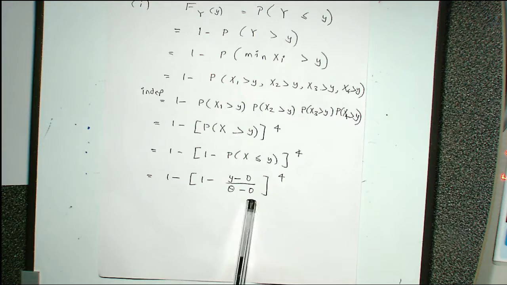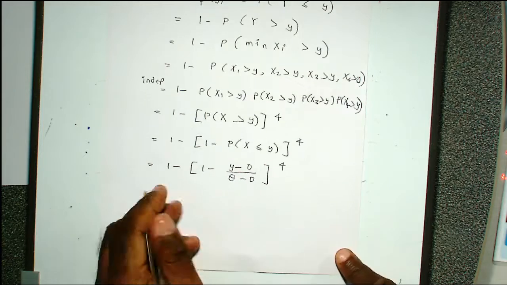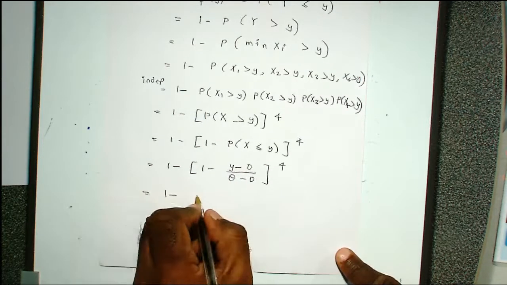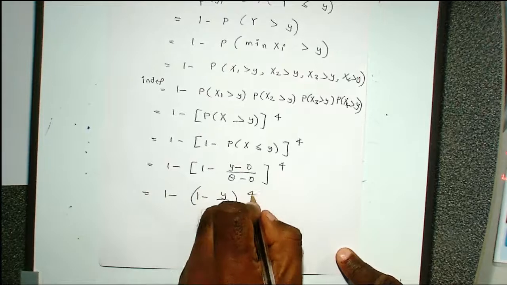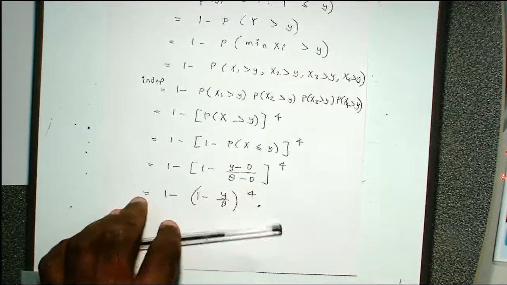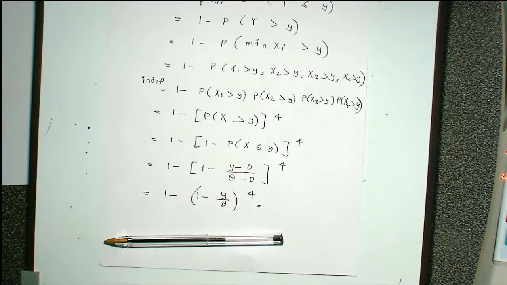I can't remember the page number, but if you look at the lecture notes, you will see that this is equal to this. Okay? So the answer is 1 minus, so this is the CDF of what?